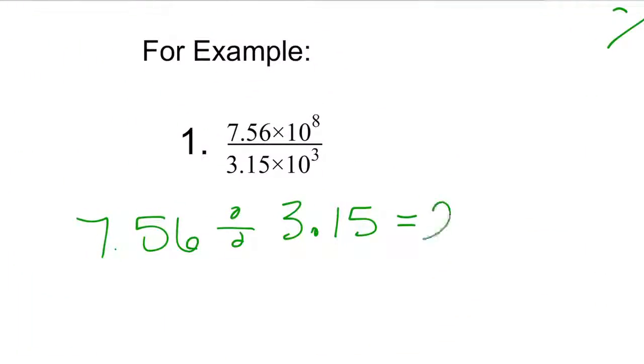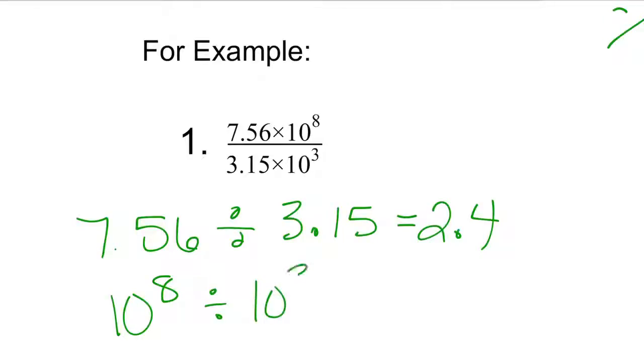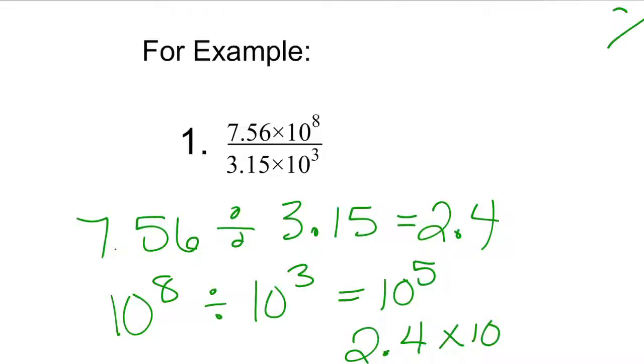So that'll be 2.4. 10 to the 8th divided by 10 to the 3rd is going to be 10 to the 5th, because we do 8 minus 3. So our final answer is 2.4 times 10 to the 5th.